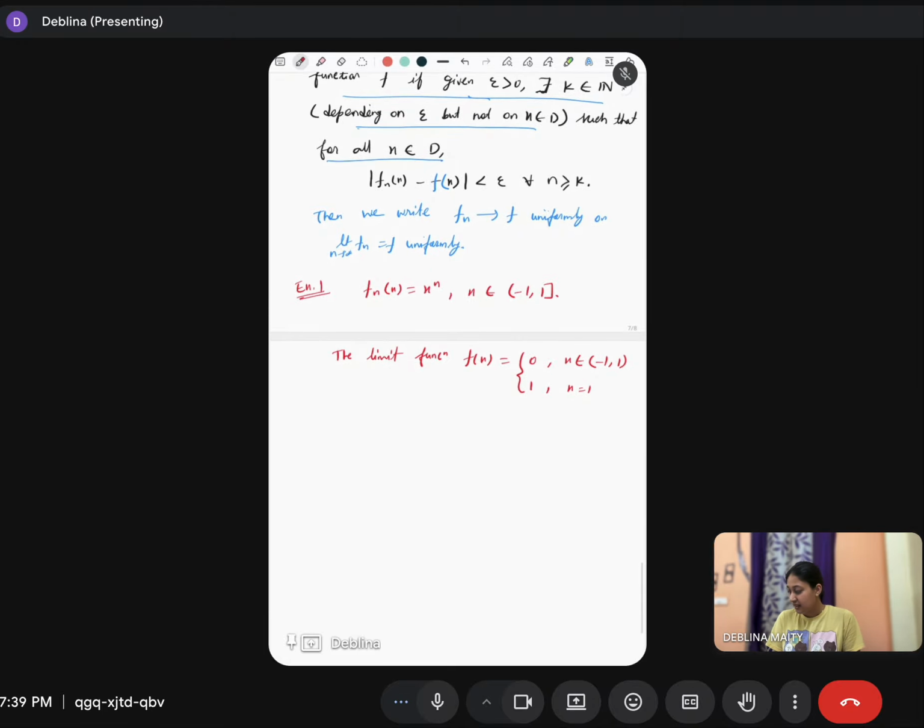Now the question is, does fn converge to f uniformly? We know fn converges to f pointwise.